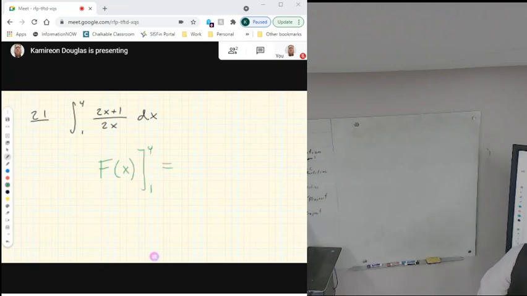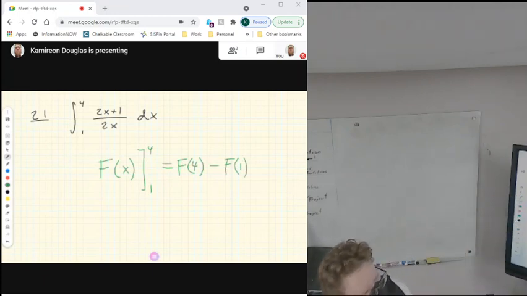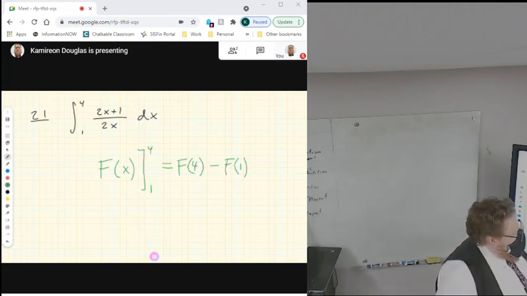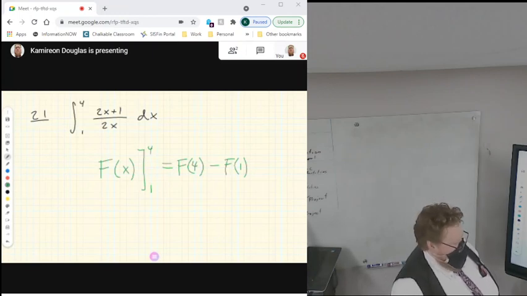What that means is you plug 4 into that function, and plug 1 in, and subtract. It's also the first one of the theorem practice. So you first integrate, then you plug in the top one, plug in the bottom one, and subtract the results.